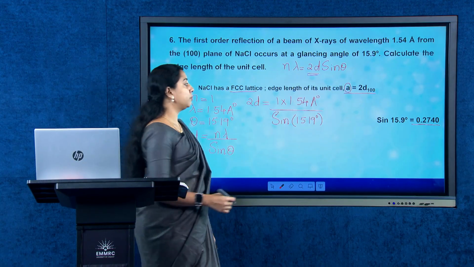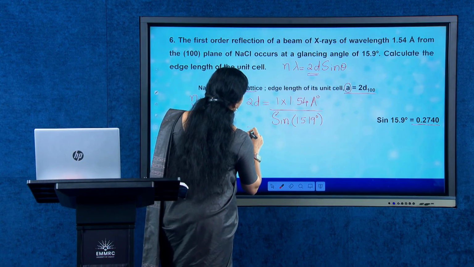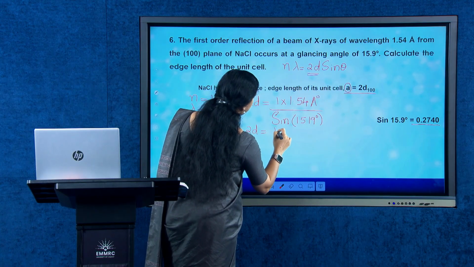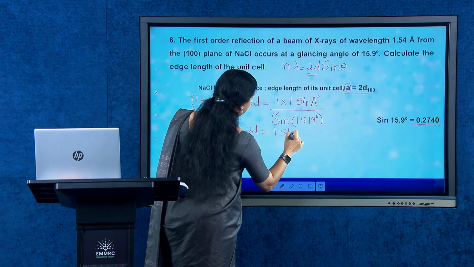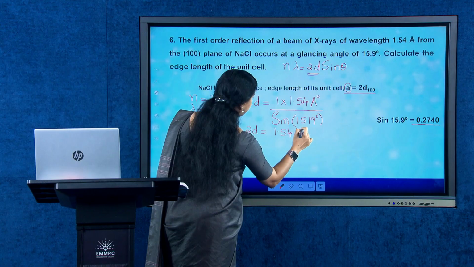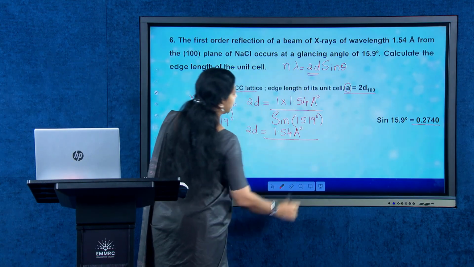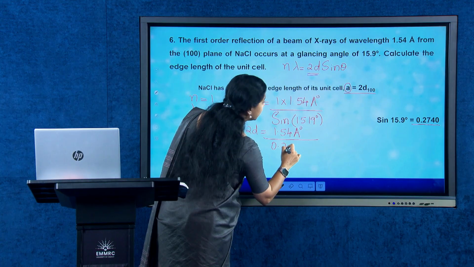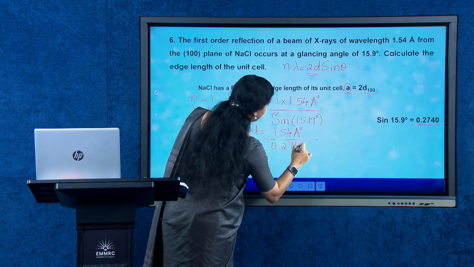We have 2d is equal to 1.54 angstrom divided by 0.2740.